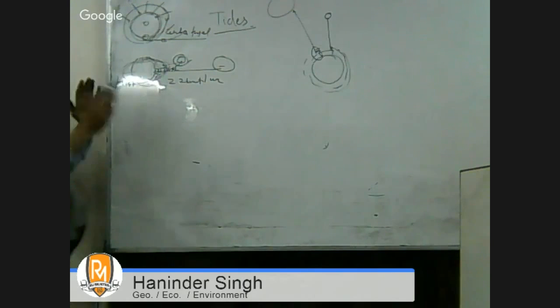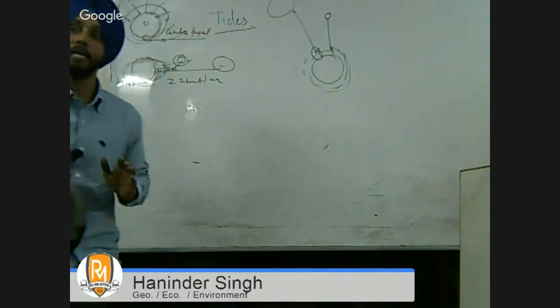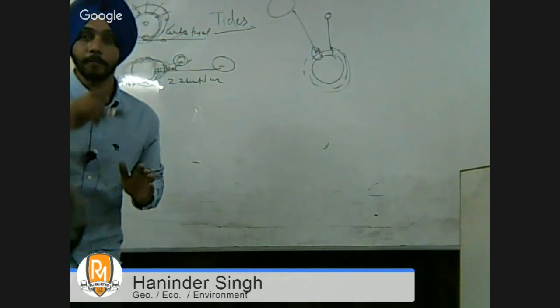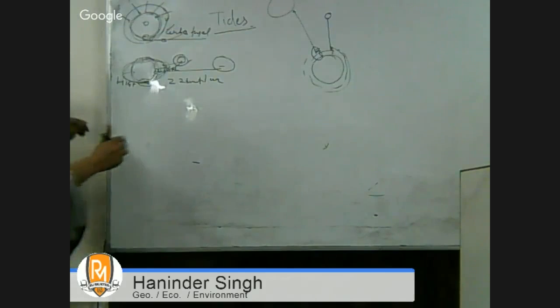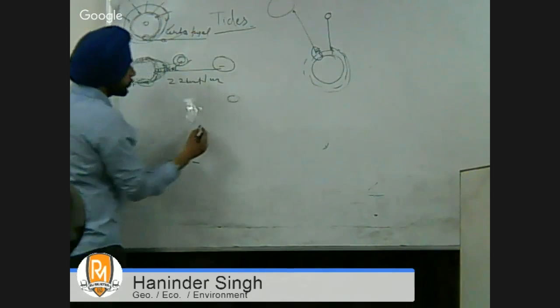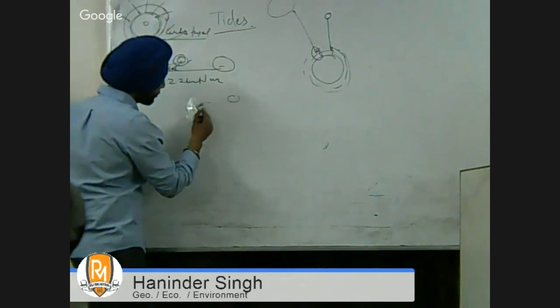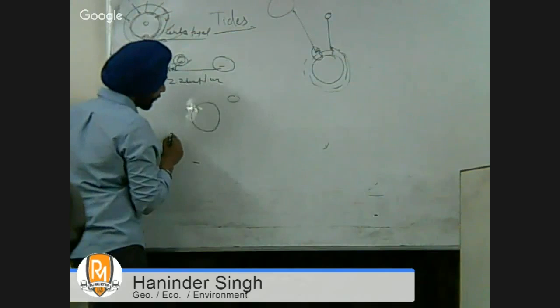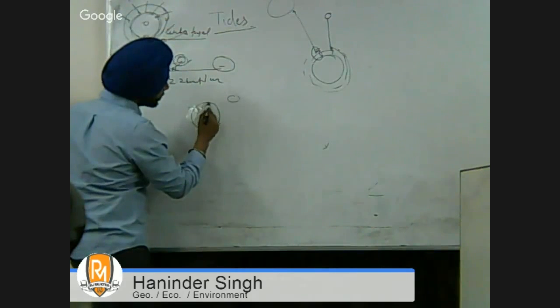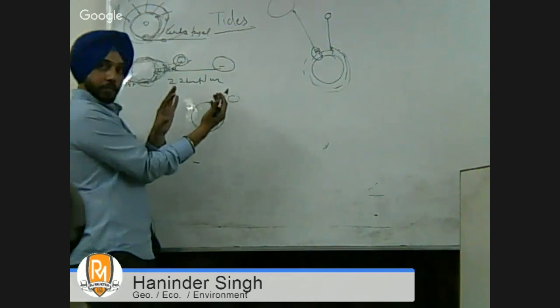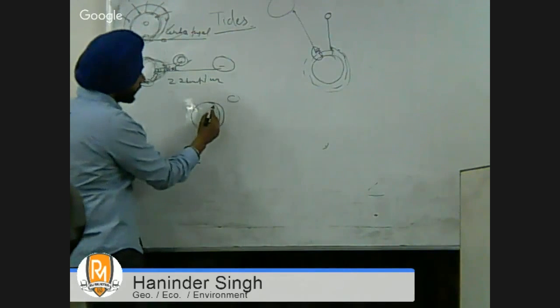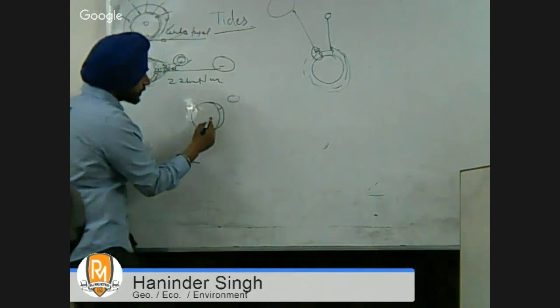Okay? That's why we normally see semi-diurnal tides. What are semi-diurnal tides? Four times: 2 high tides, 2 low tides. Say this is the moon and this is earth. If this area of earth is facing the moon, then the tide in this area would be high.